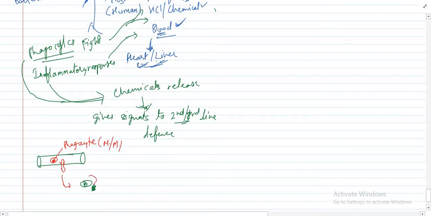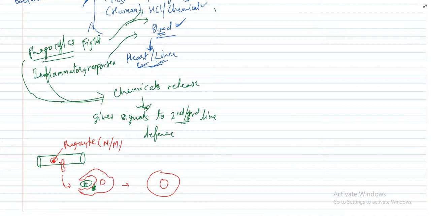So it goes there, starts making processes, engulfs the pathogen and kills the pathogen with the help of lysosomes. They have some enzymes in the lysosome, and the lysosome kills them. These are bacteria.